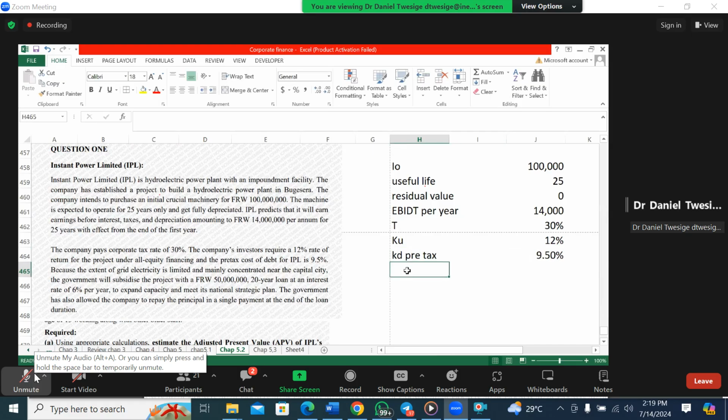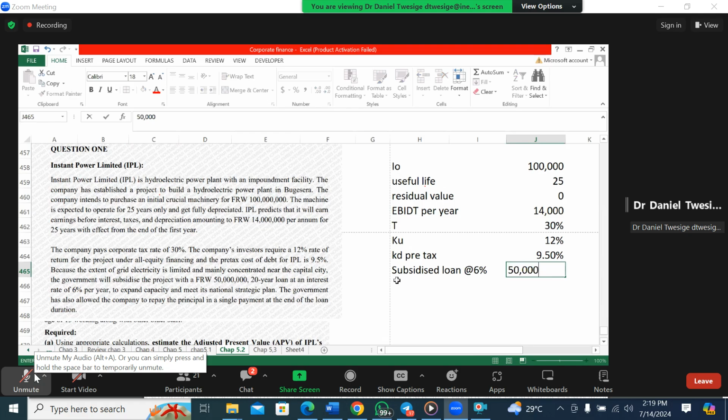Because the extent of the grid electricity is limited and mainly concentrated near the capital city, the government will subsidize the project with a 50 million 20-year loan at an interest rate of 6%. Subsidized loan at 6% is 50.